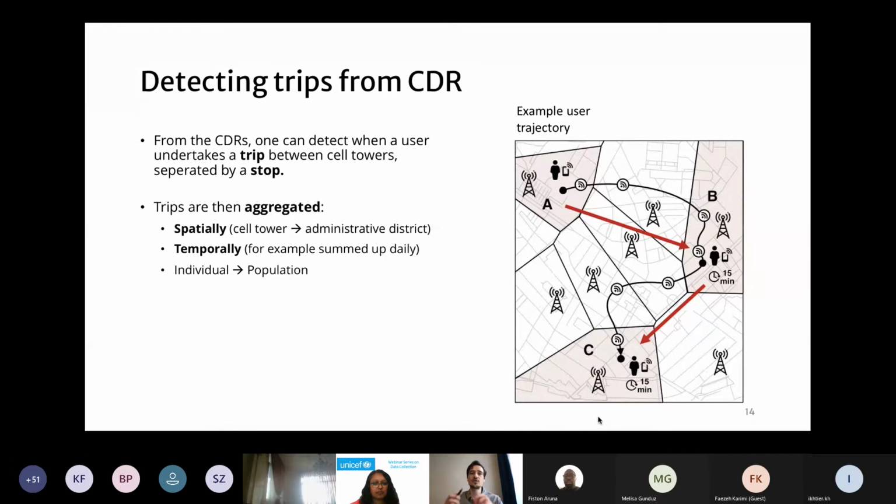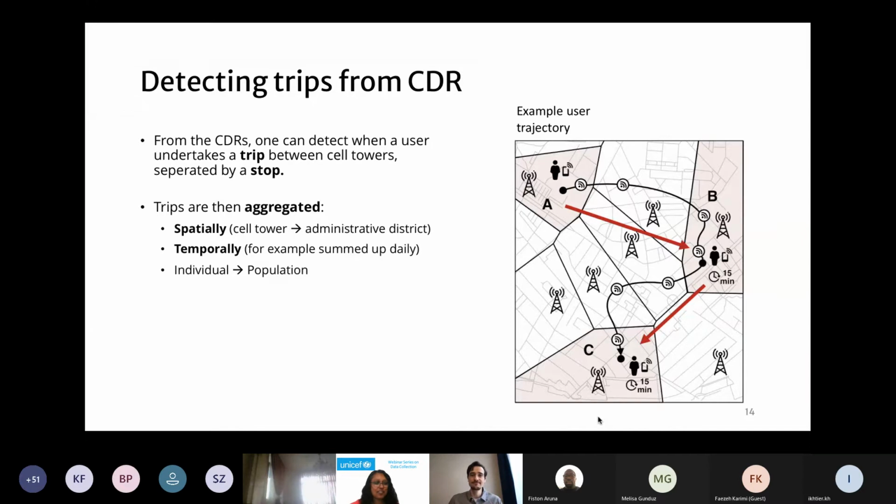What you can do then is draw a line from each activity to each next activity and say, okay, the person moved from here to here and from here to here and so on. But this depends a lot on the MNO, on the type of data streams they get, the type of events they measure. But for Germany, from the 2 providers that we've worked with, it was as I described. So 15 minutes stopping is a stop.